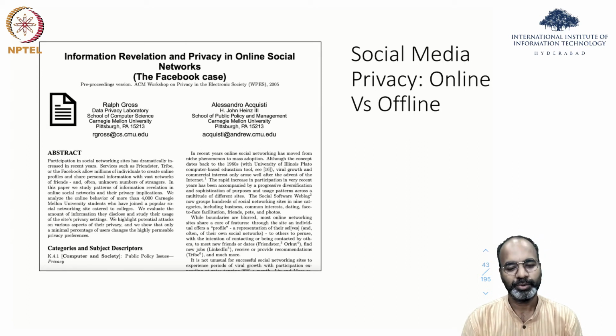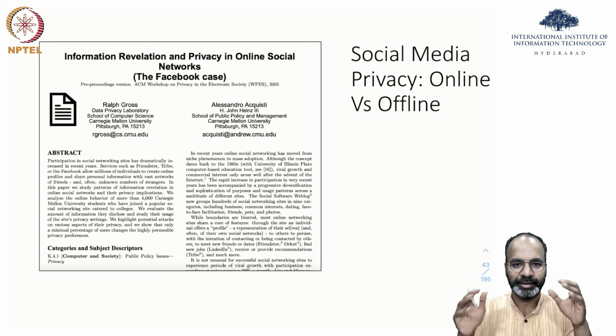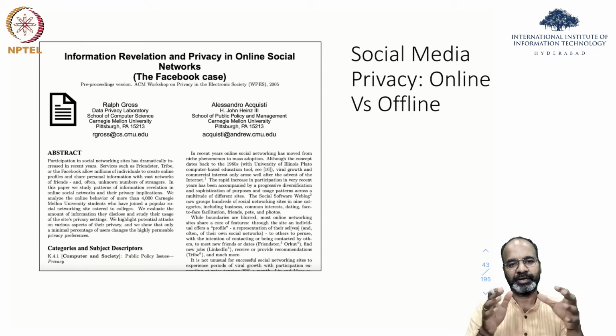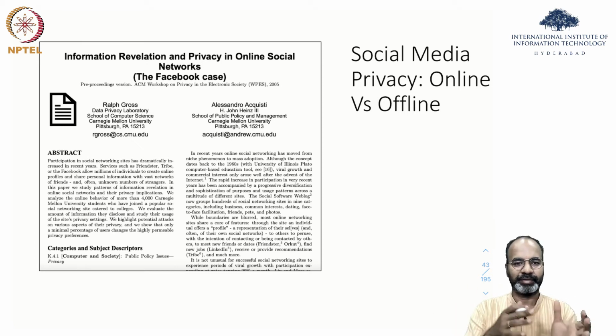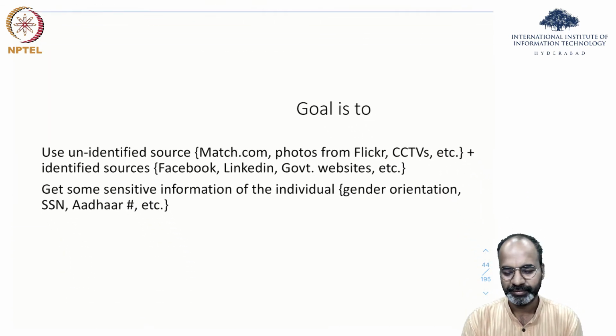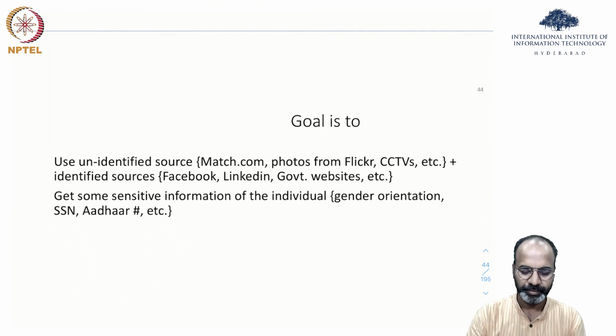So then we continued looking at some research work around connecting online and offline, particularly this phenomenal work done by Ralph and Alessandro, connecting Facebook users at a particular location on a campus and getting their public profiles just by taking pictures of them. Unidentified sources to identified sources.